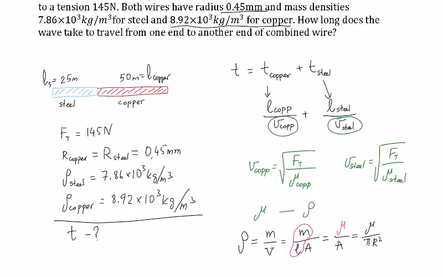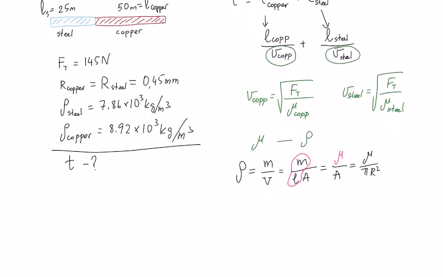So if I want to find the mu for the copper, that would be rho of the copper times pi r copper squared. Mu for the steel will be rho steel times pi r steel squared.